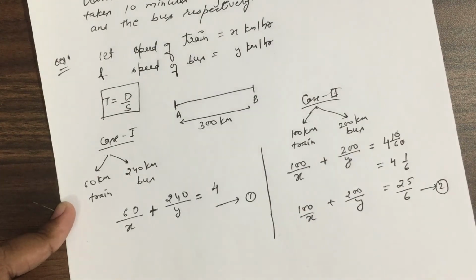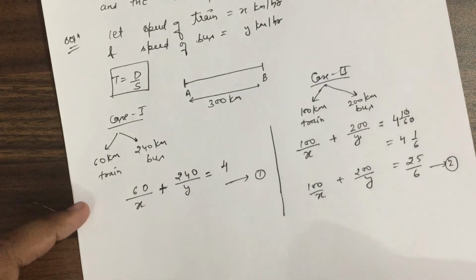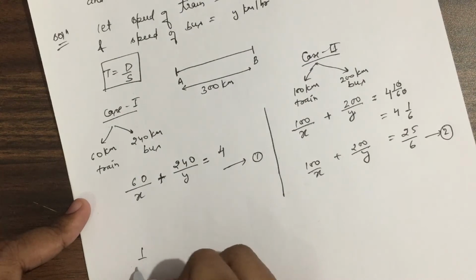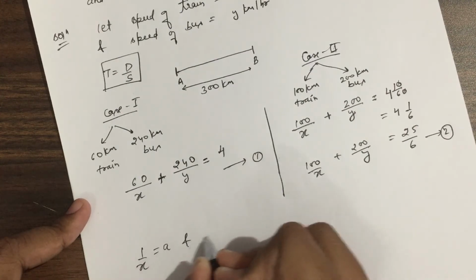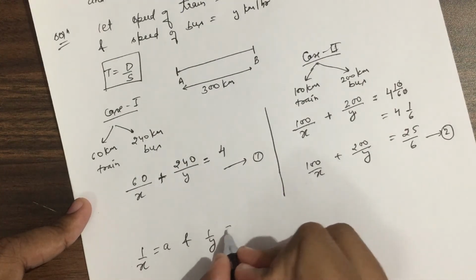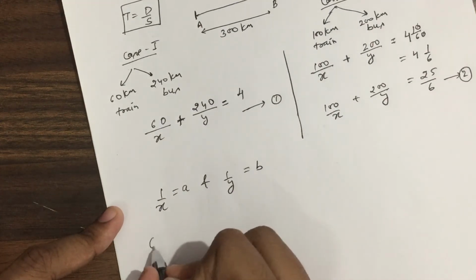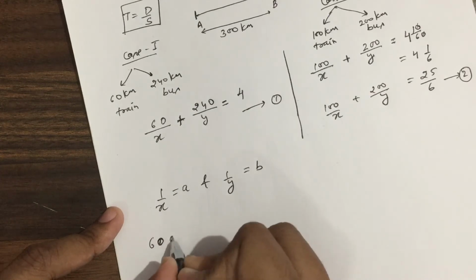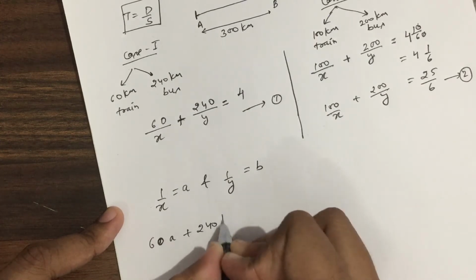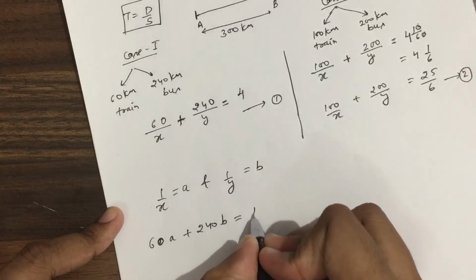Now again these are not in standard form. So first of all we should convert them in standard form by assuming 1 upon x equal to a and 1 upon y equal to b. So this will reduce to 60a plus 240b equal to 4.